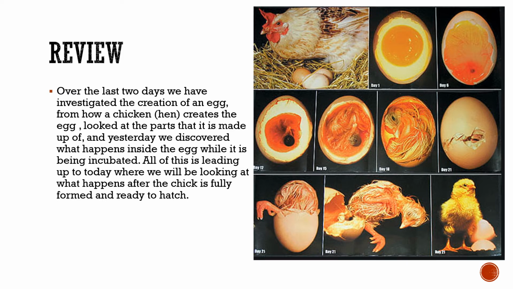All of this is leading up to today, where we'll be looking at what happens after the chick is fully formed and ready to hatch. And this picture just gives us a quick overview of how it starts with a hen and she is laying that egg and how the chick develops throughout the multiple stages till we can get to the point of hatching. If you look closely, you'll see on day 18 that chick is getting really close to going, and we're going to discuss that a little more.